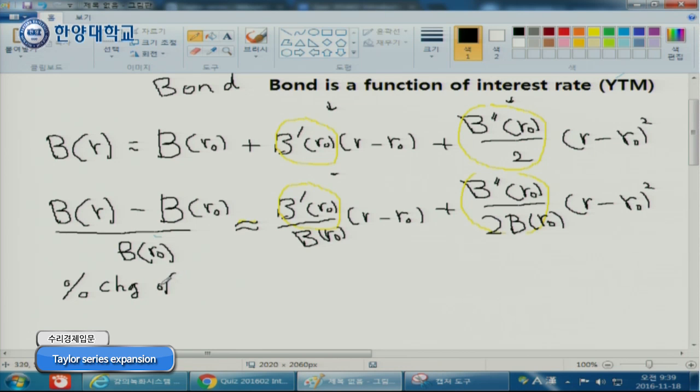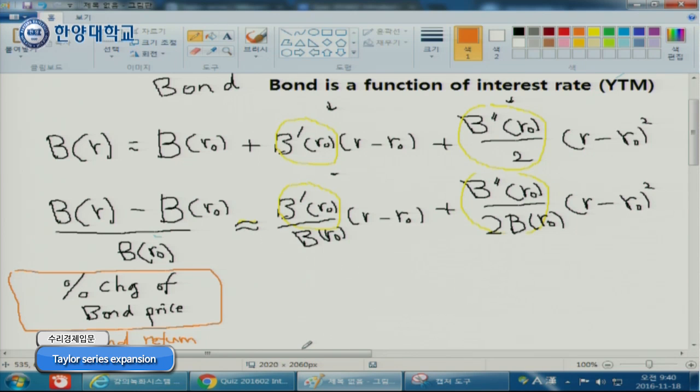This part becomes a percentage change of bond price. Right? Or simply bond return. Bond return when interest rate changes. Right? When interest changes.